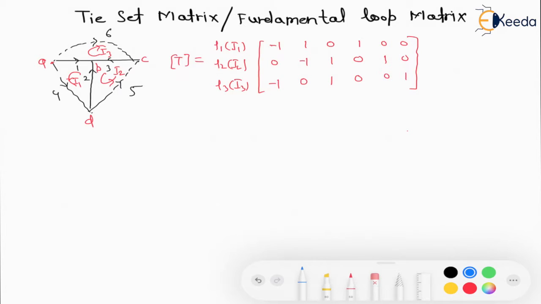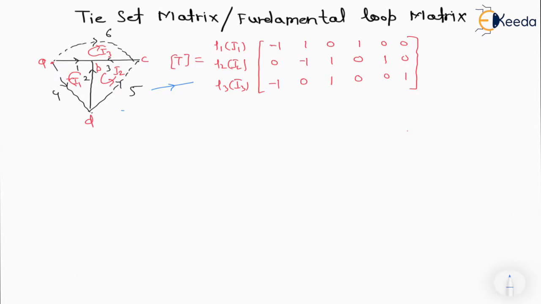So here is the tie set matrix for this given graph. The tie set matrix satisfies the voltage equilibrium.